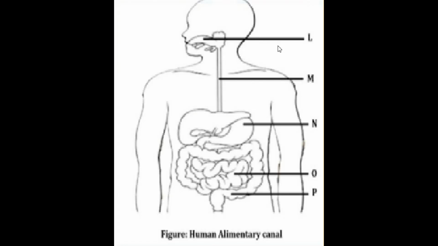In this figure, there are parts labeled as L, M, N, O, and P. As you know, all the complete digestion takes place inside the small intestine, because after that the absorption of water takes place in the large intestine. The digestion is complete in the small intestine and the absorption of nutrients also starts in the small intestine, which means the answer is O.